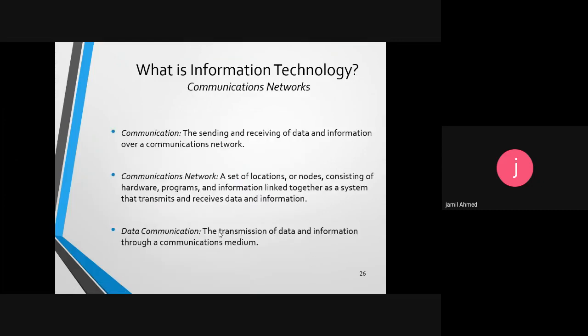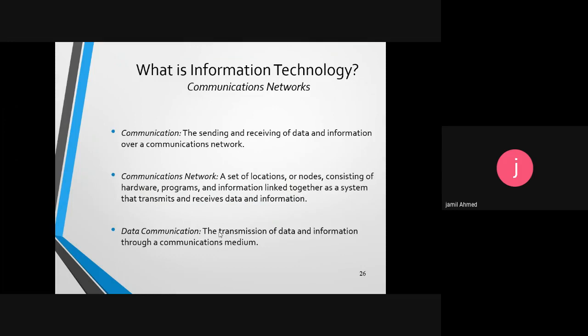Communication we have discussed very well, but we are giving the overview: the sending and receiving of data and information over communication networks. Now, what are these networks? We know the local area network, LAN, metropolitan area network, MAN, and wide area network, WAN, are some of the options with us.